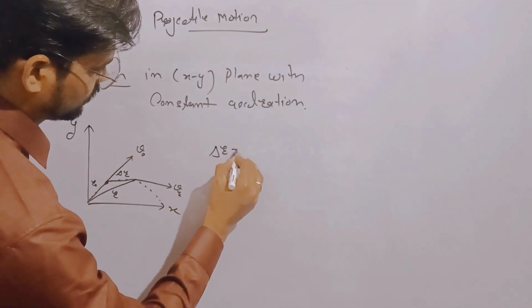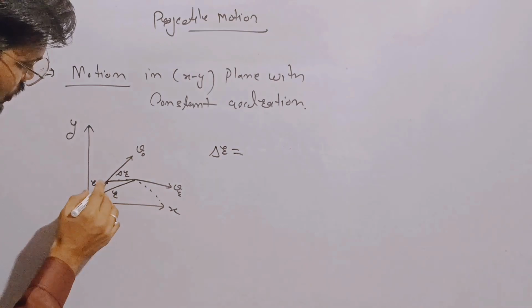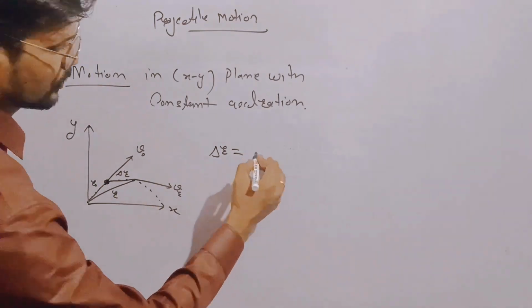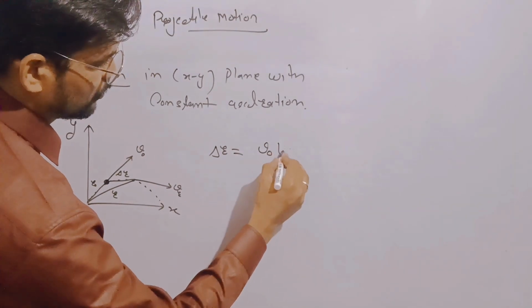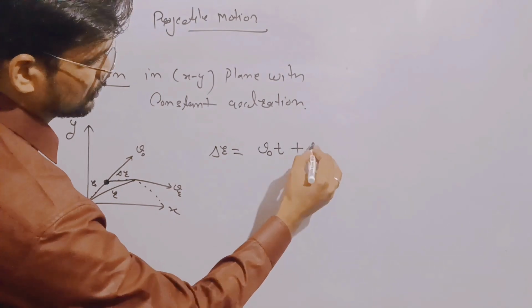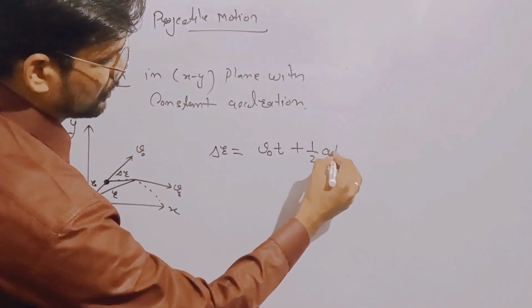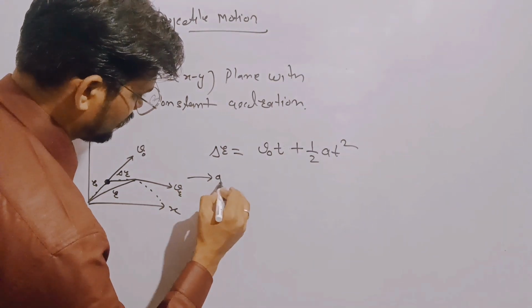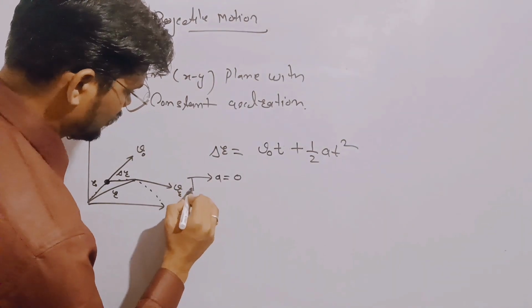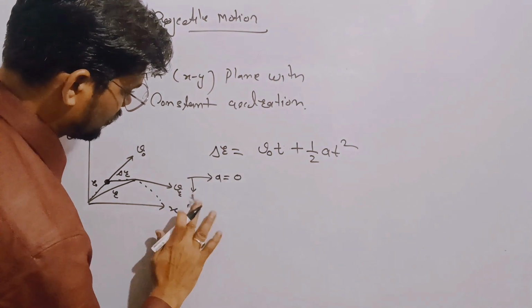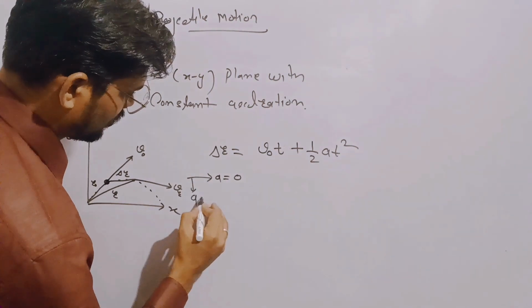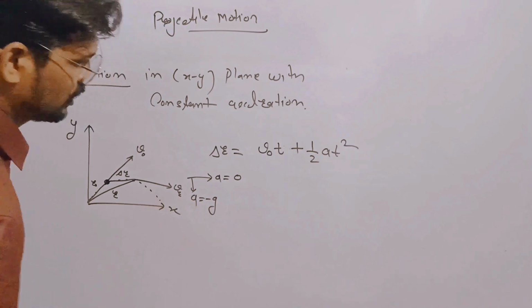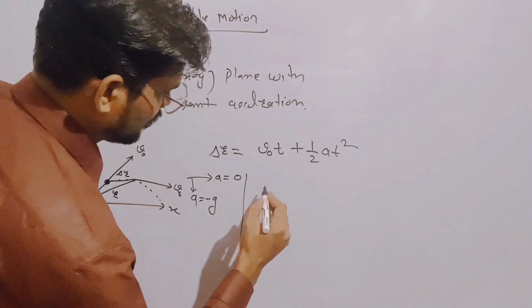So delta r, the displacement vector, is equal to v naught t plus half a t square. Then the acceleration in the horizontal direction is 0, and in the downward vertical direction the acceleration is minus g.